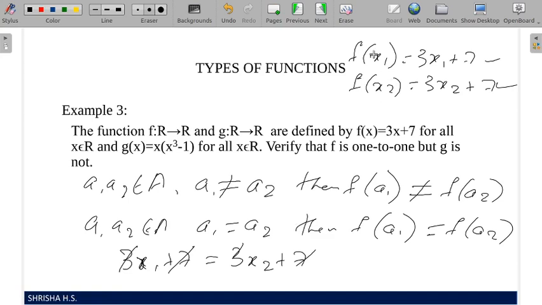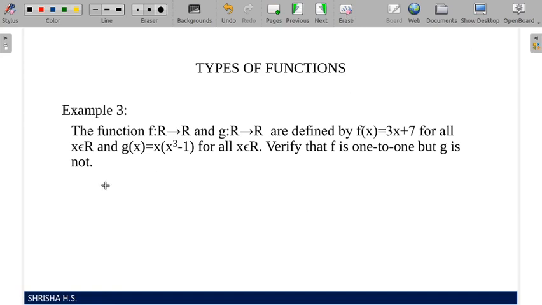Given that, let's go on to g. We have g of x equal to x multiplied by x cube minus 1. We had learned long back proof by contrapositive, proof by counterexample and so on, right? In the previous one, to prove f, we used a proof by contrapositive.